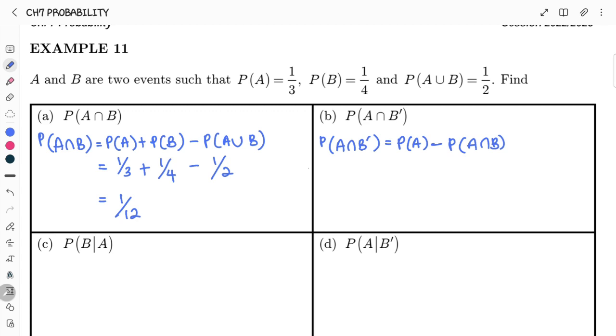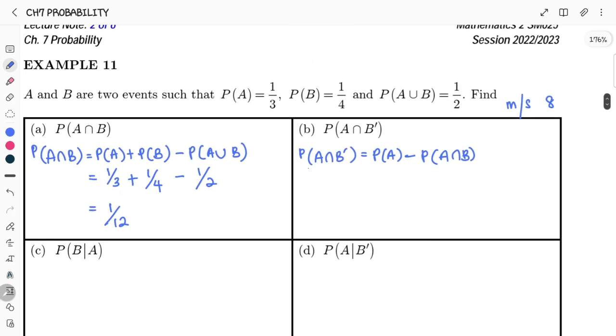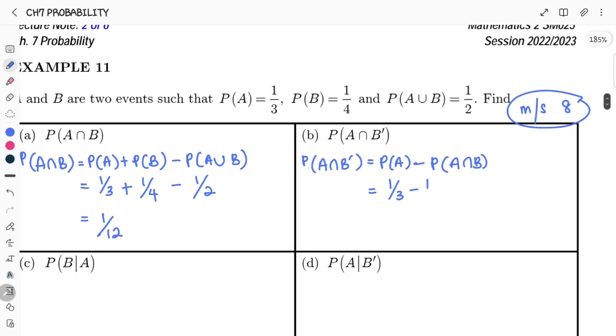Just leave some note here so that you can refer to page 8. So now P(A) is equal to 1/3 minus the intersection of A and B, which is 1/12. So you have 1/4.